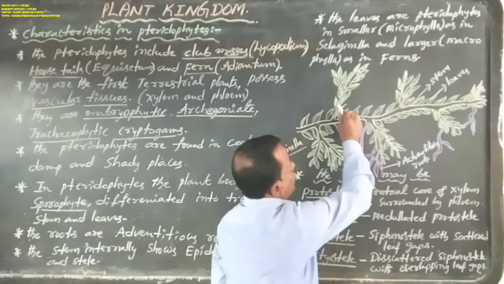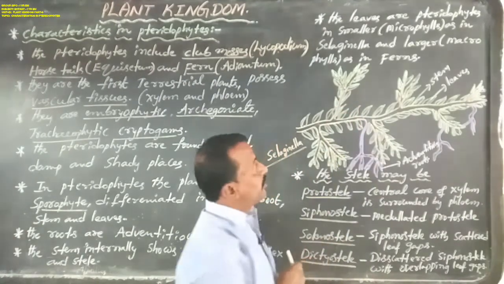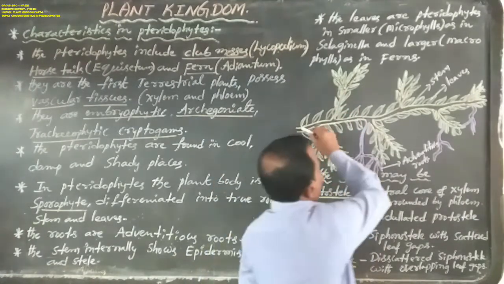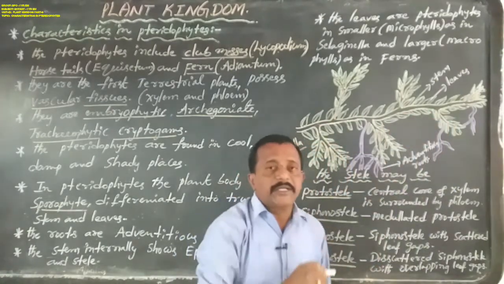In Equisetum, one part of the branch appears as a horsetail structure.